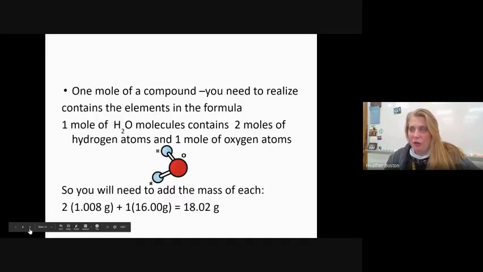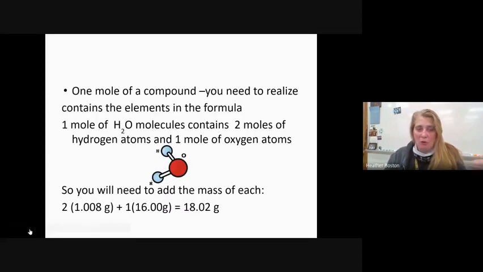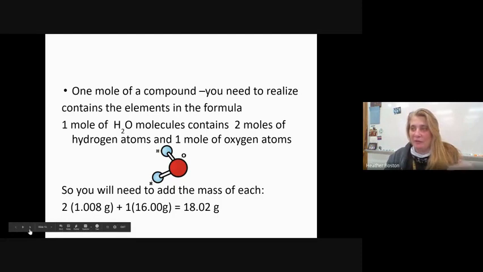Water is H2O, so if you have 1 mole of a compound, you have 6.022 times 10 to the 23rd molecules of water. 1 mole of water has 6.022 times 10 to the 23rd molecules. It has twice that atoms of hydrogen.